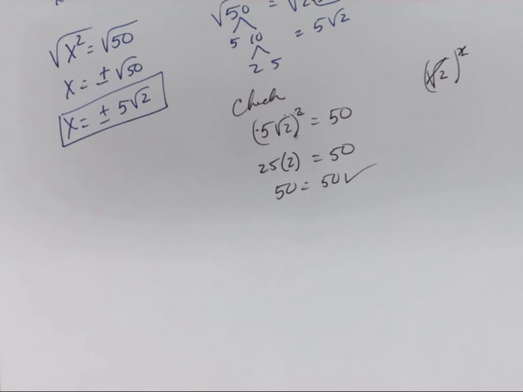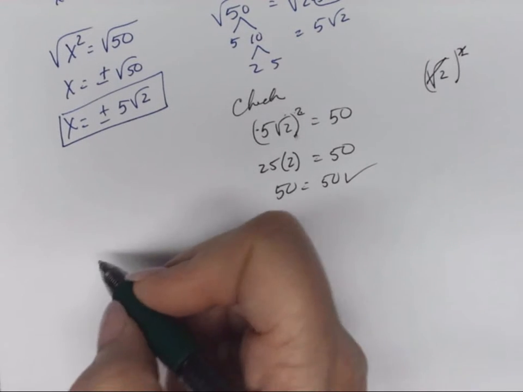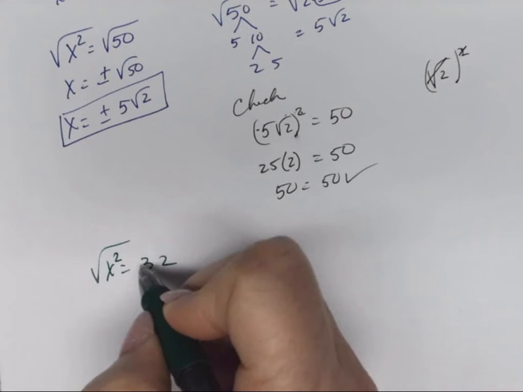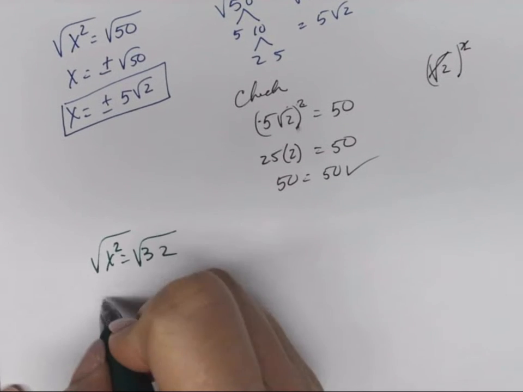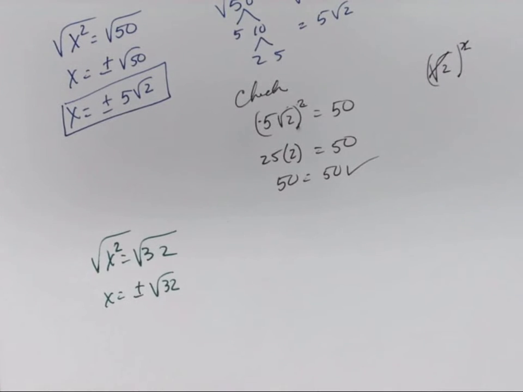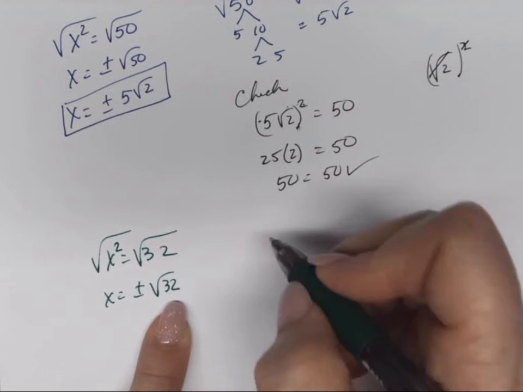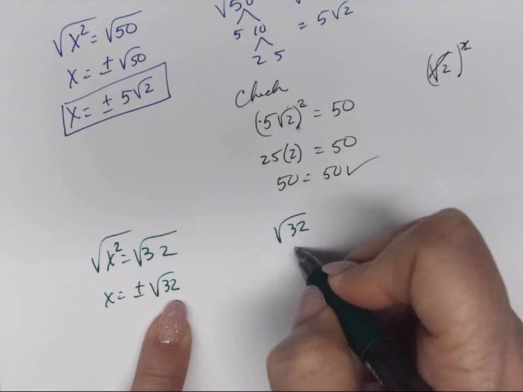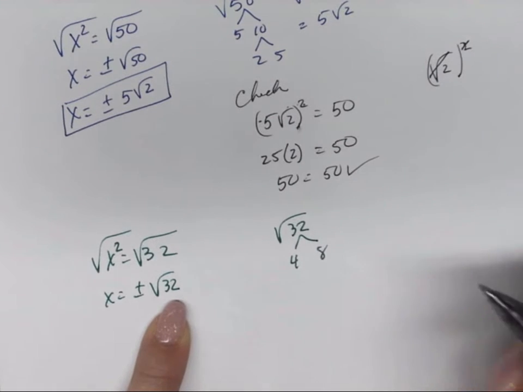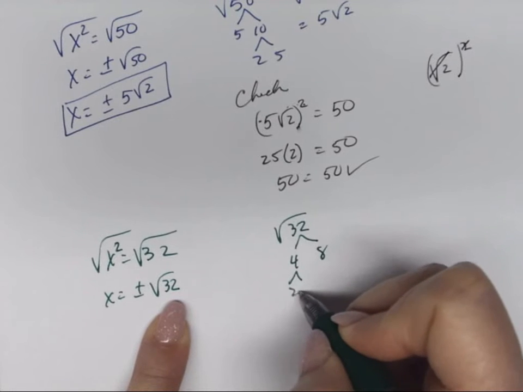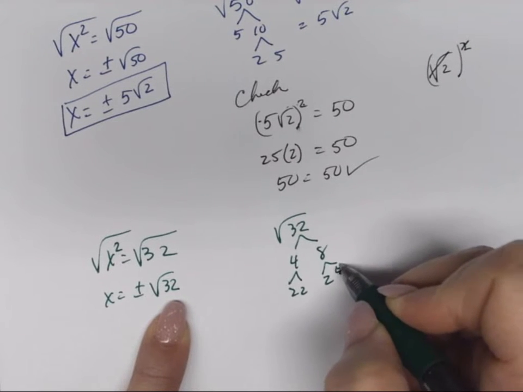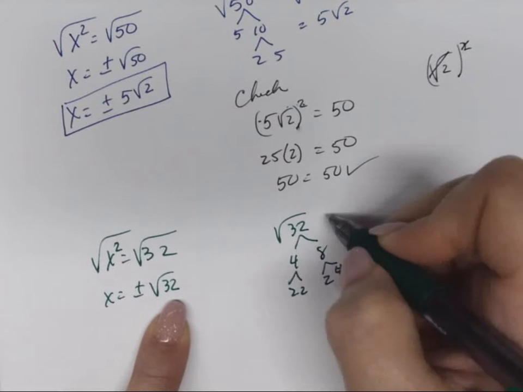All right, next question. We have x squared is equal to 32. So square root of both sides. x is equal to plus or minus the square root of 32. Again, not a perfect square, so I'm going to bring it over here and break it down. 32 is 4 times 8 or 2 times 16. It doesn't matter. 4 would be 2 times 2. 8 will be 2 times 4, and 4 is 2 times 2.